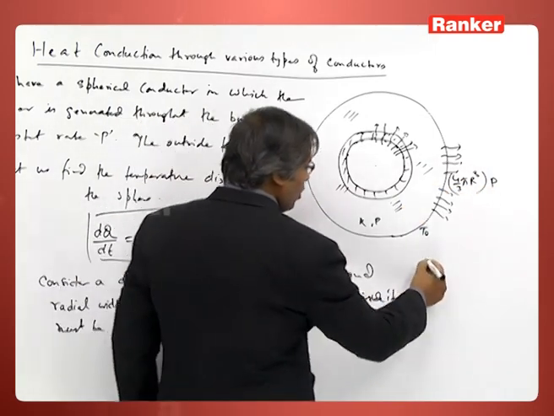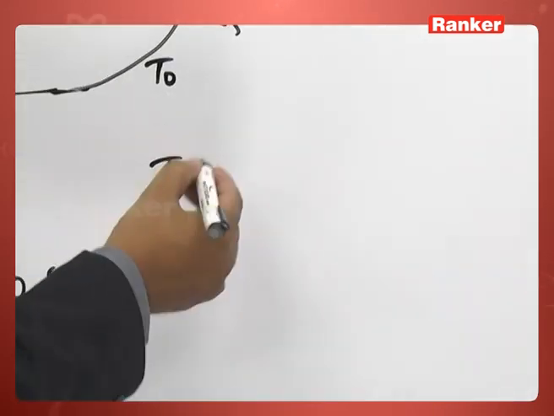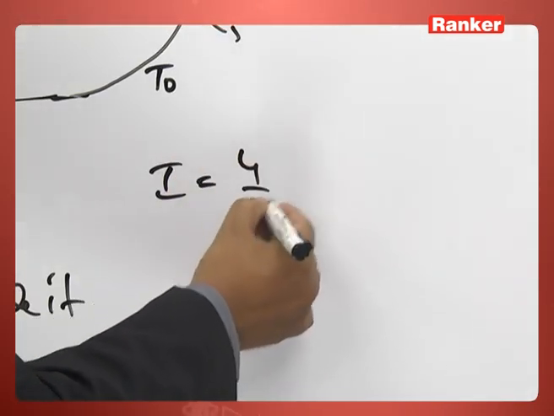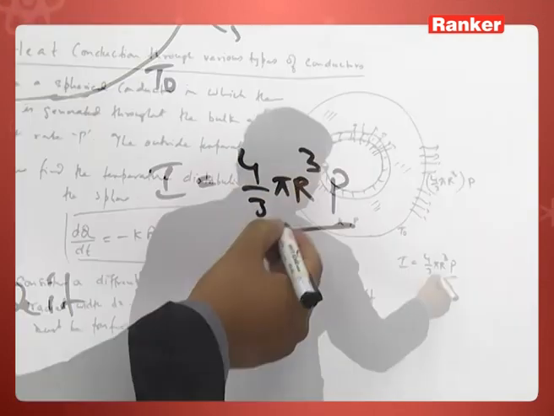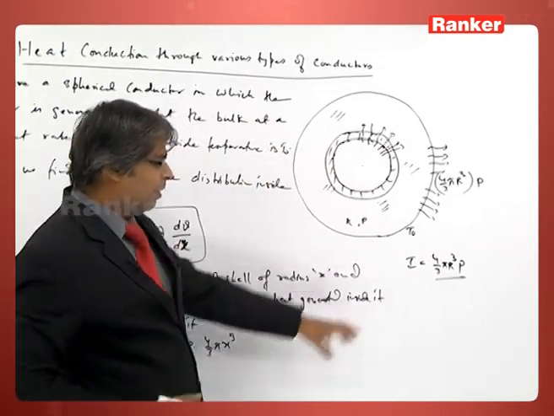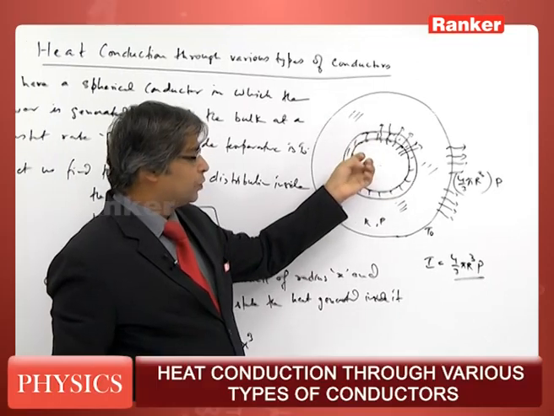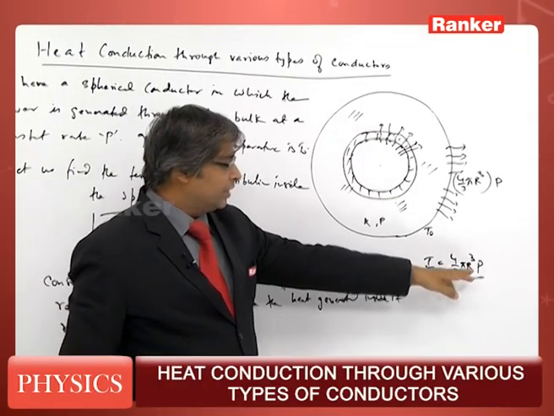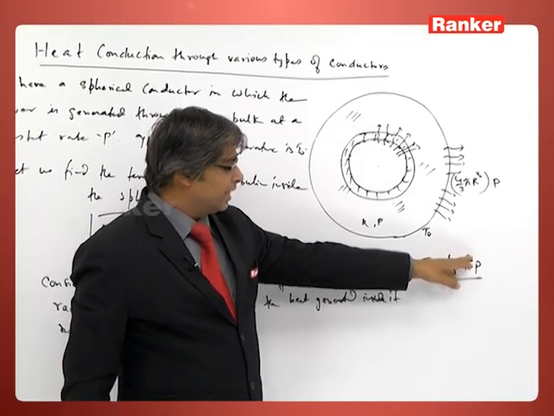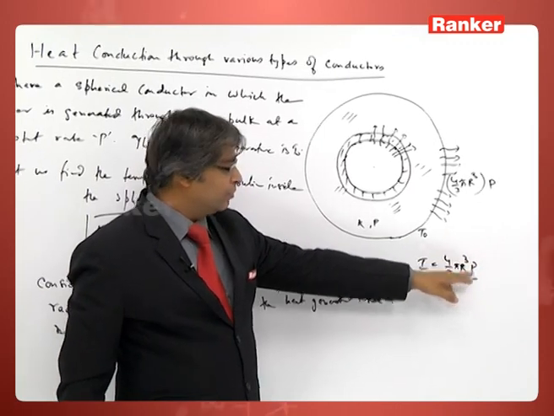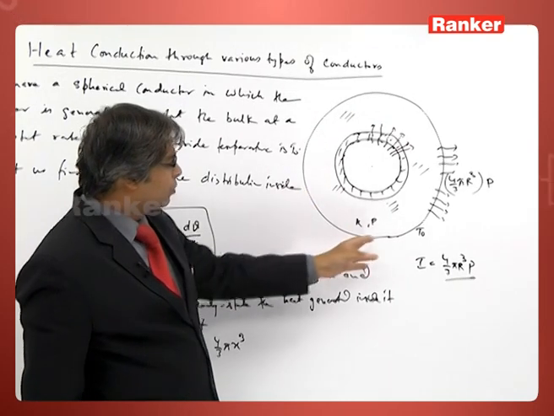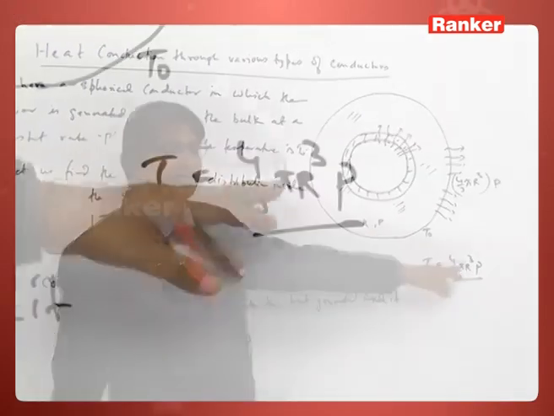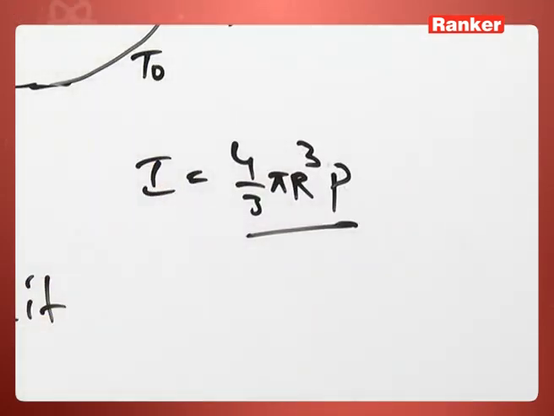So, I, that is the heat current, must be 4 by 3 pi r cube into P. P is power. Power means the amount of energy produced per unit time. So, total amount of energy that must be transported through this outer radius is this much. This is the heat current.